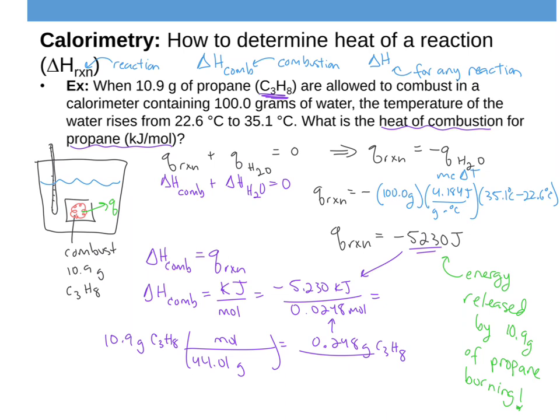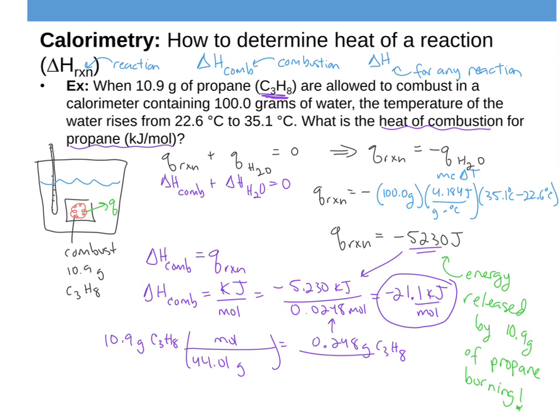And then I'd just take the 5.230, divide it by the 0.248, and then I'd get, as my heat of combustion, negative 21.1 kilojoules per mole.